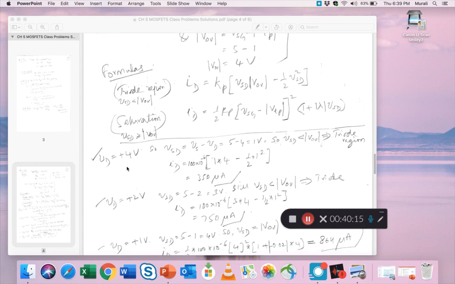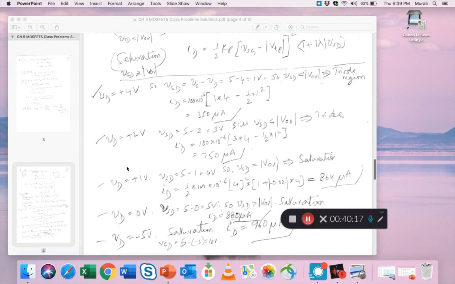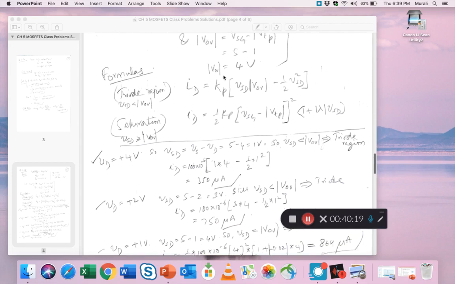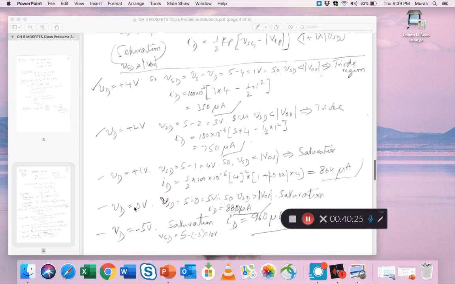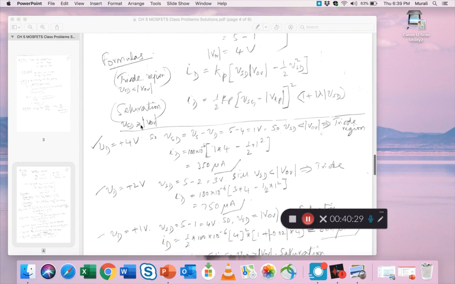Okay, so we are given 5 different values for the drain voltage. Starting with +4, then it goes to +2, then +1, then 0, and finally -5. At each of these, we have to first check whether the device is in triode or in saturation. So how do you do that?